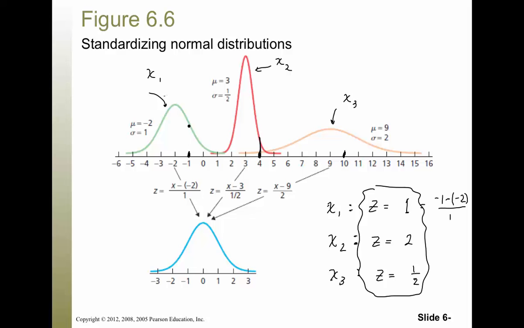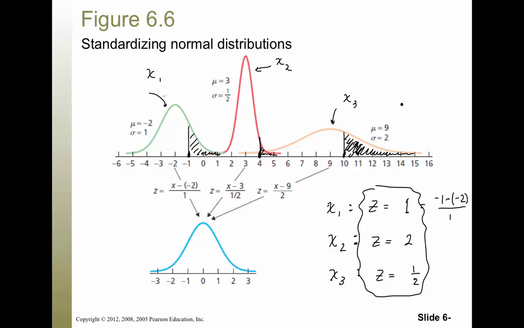All right, so now we're going to talk about area then. So let's do area to the right. Which area to the right is greatest? Since this value, 10, is closest to its mean, there's the most area to the right, right?